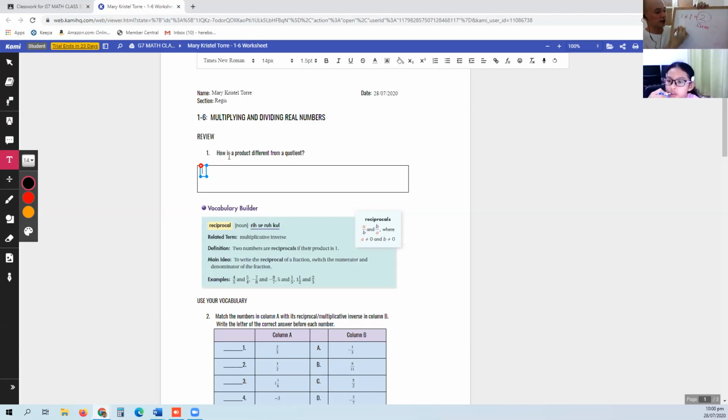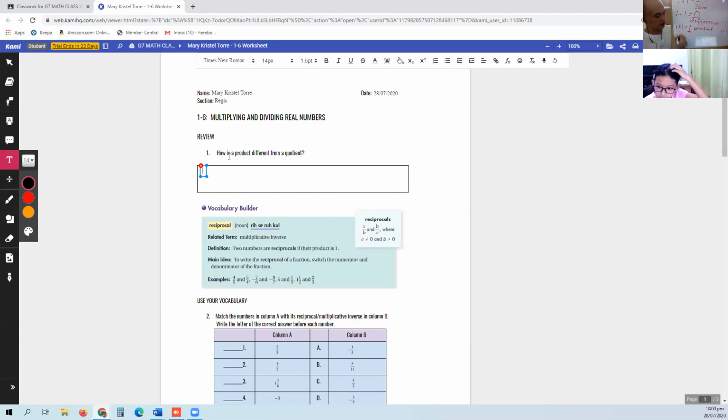Now, if you have 1 minus 1 equals 0, 0 is what we call, again, what is it? Difference, okay? Yes, difference, all right? Now, if you have 1 times 1 equals 1, the result here is what we call product, okay?